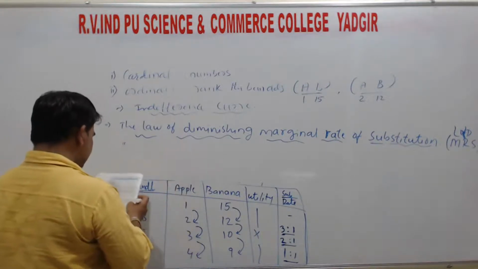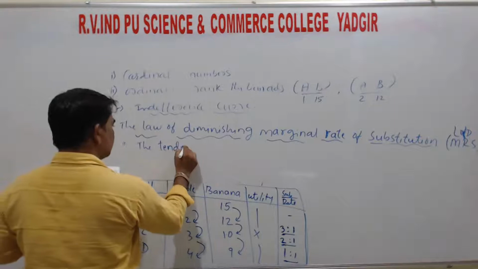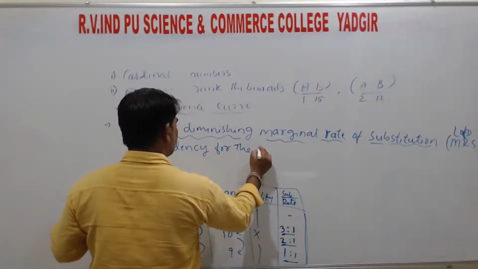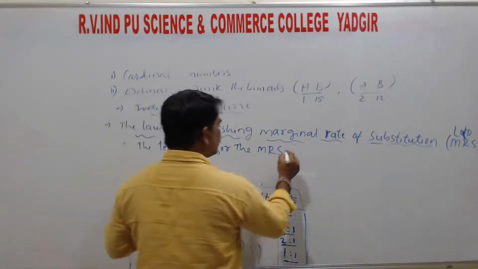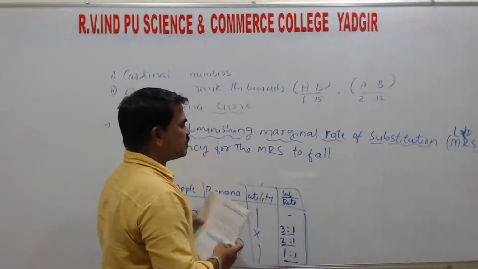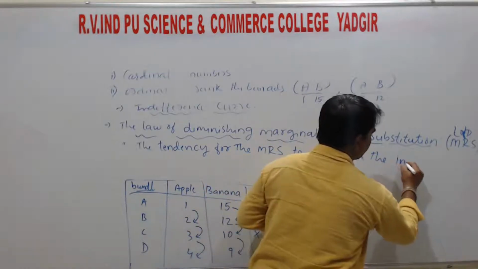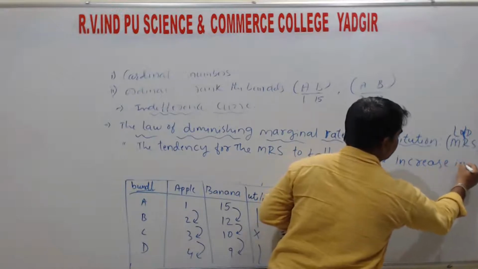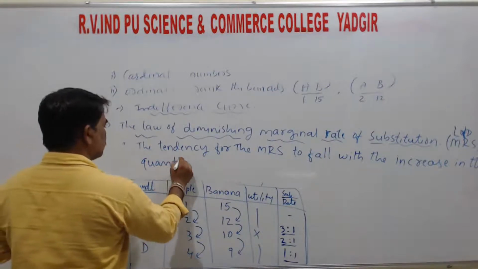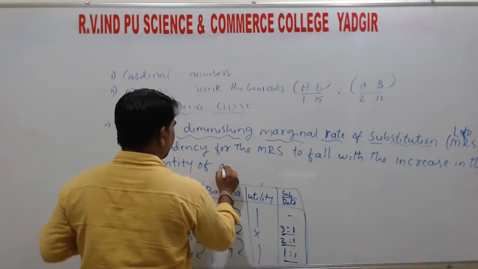I'll write here what the law says. The tendency for the marginal rate of substitution to fall with increase in the quantity of apple.